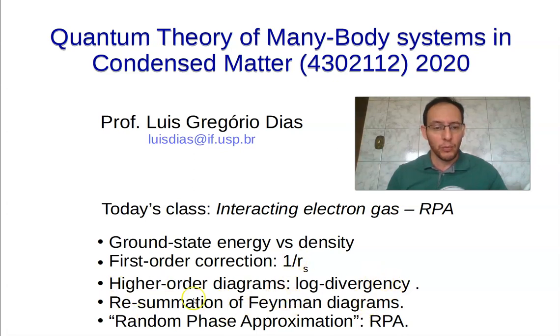Essentially we're going to do a re-summation of these higher order Feynman diagrams and get to the random phase approximation, or RPA, and see how the RPA in a sense changes the effective Coulomb potential between the electrons and makes it more short range, and that making the Coulomb potential more short range actually helps to avoid this log divergence.